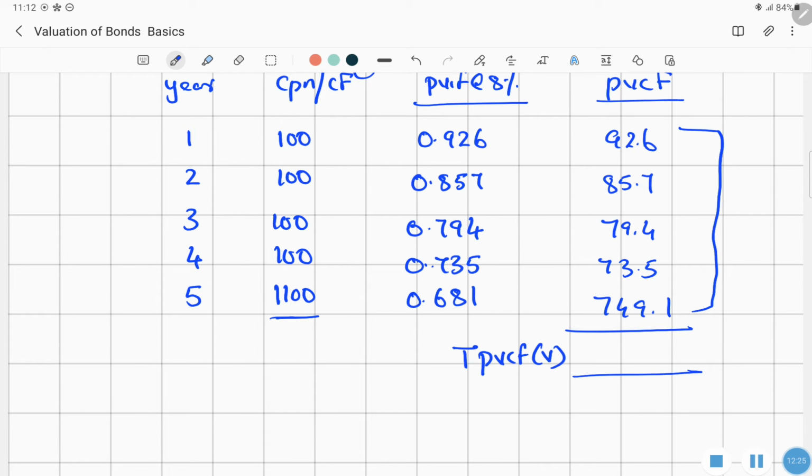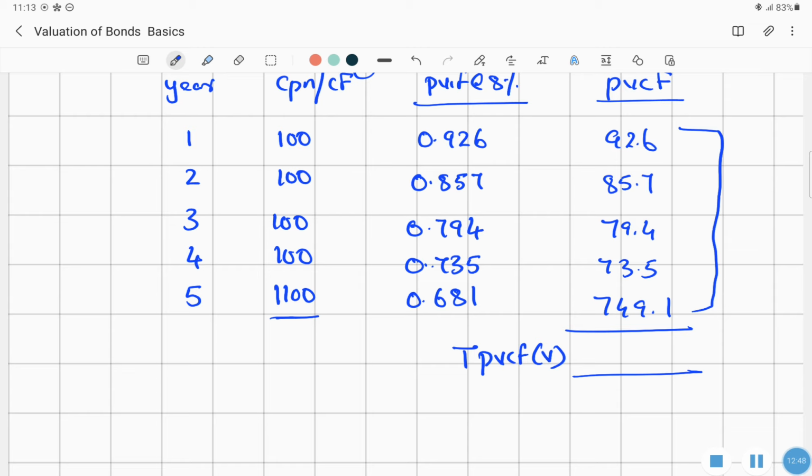So I'll be adding this 92.6 plus 85.7 plus 79.4 plus 73.5 plus 749.1.